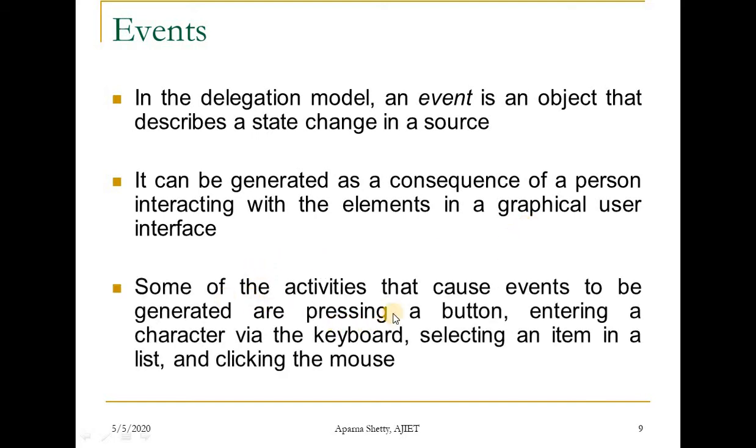Some of the activities that cause events to be generated are pressing a button, entering a character through the keyboard, selecting an item in a list, and clicking the mouse. As a result of these activities in the GUI, events can be generated.